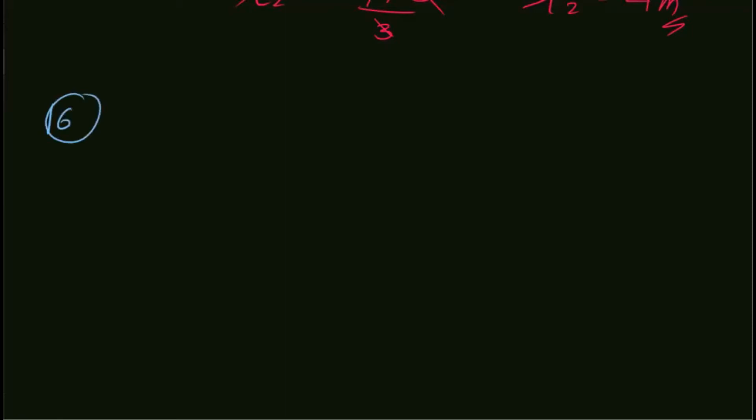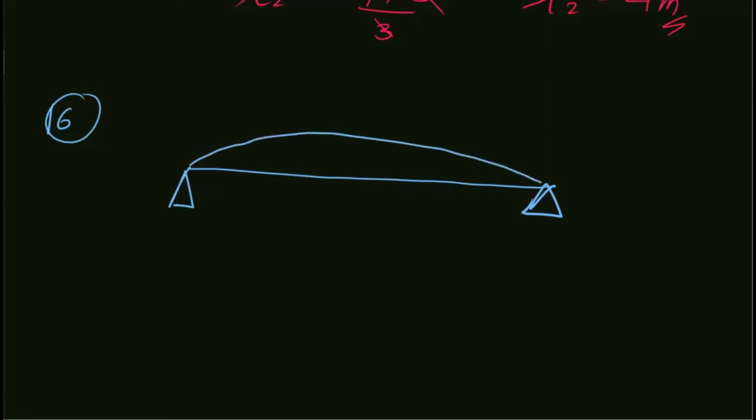The speed of the transverse wave. It's a stretched wire, so a fundamental waveform is going to be there. It's going to be this kind of waveform. The fundamental frequency of a stretched string is F naught equal to v over 2L.